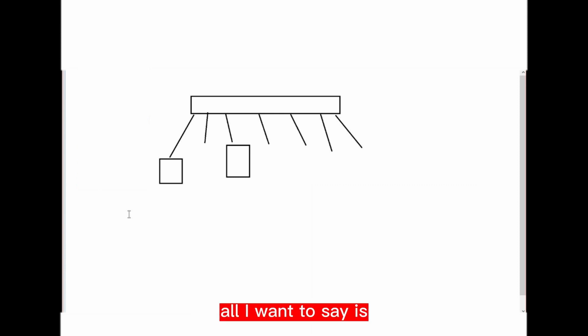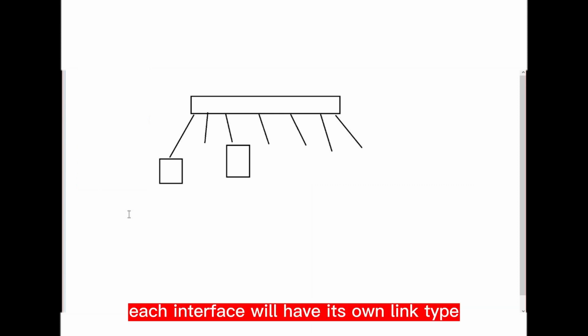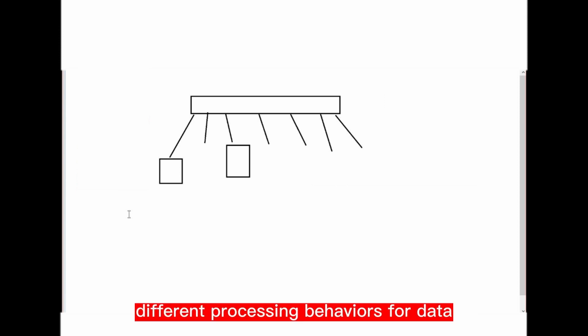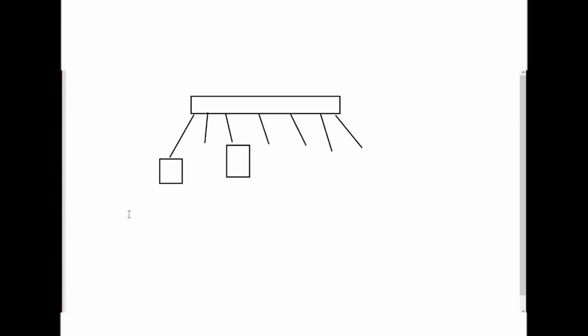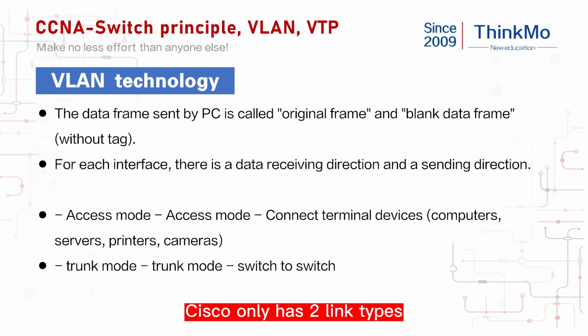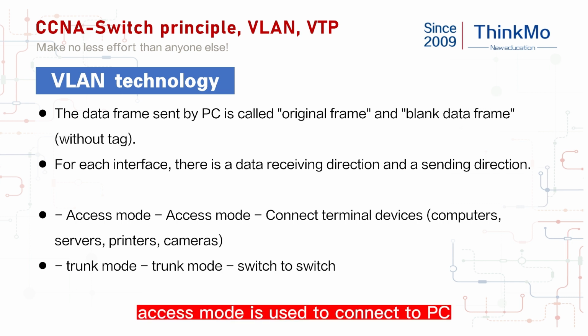All I want to say is, after we divide the VLAN, each interface will have its own link type. Different link types have different processing behaviors for data. Let's talk one by one. In fact, Cisco is better understood. Cisco only has two link types. The first is access mode. Access mode is used to connect to PC.